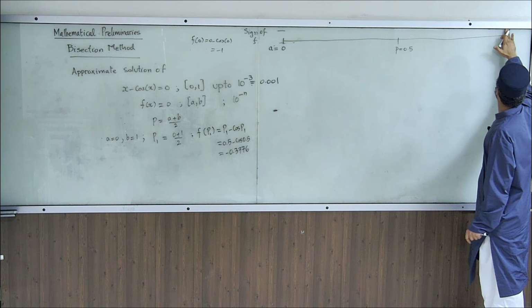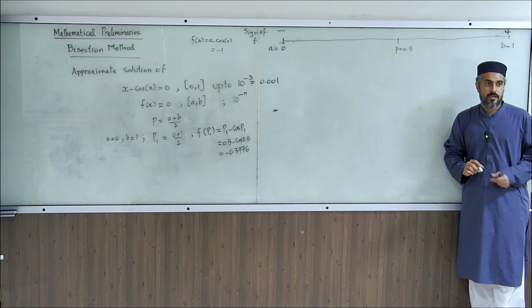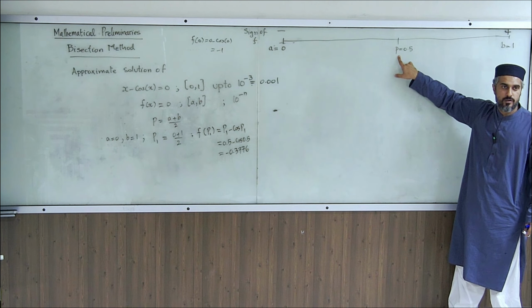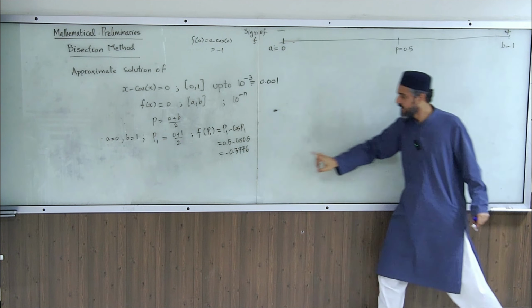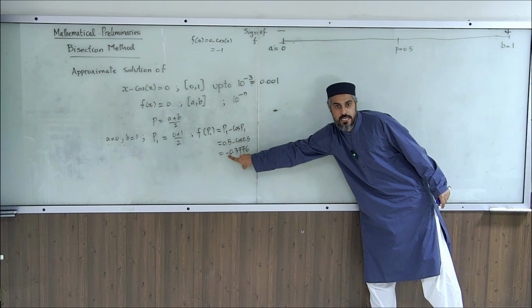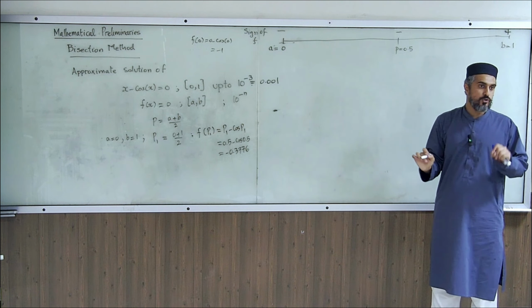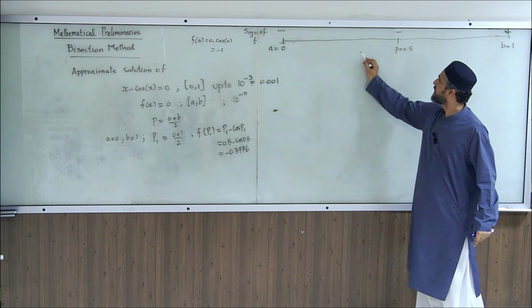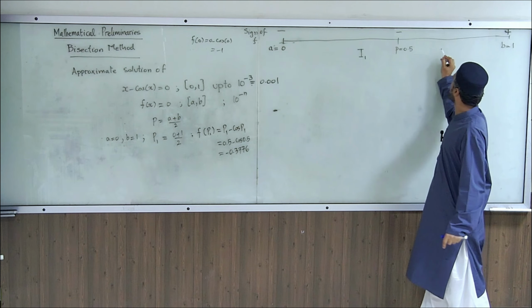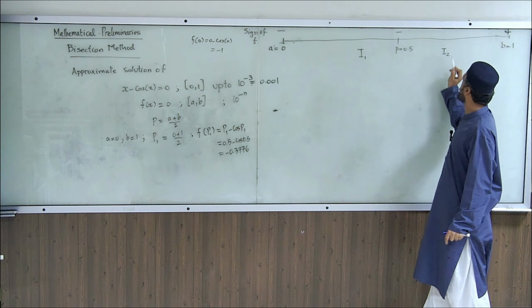Let me just draw it. So the sign was positive. If this is not a solution, what is the sign at this point? It is negative. Now you have two options, two subintervals. This is subinterval 1, this is subinterval 2.